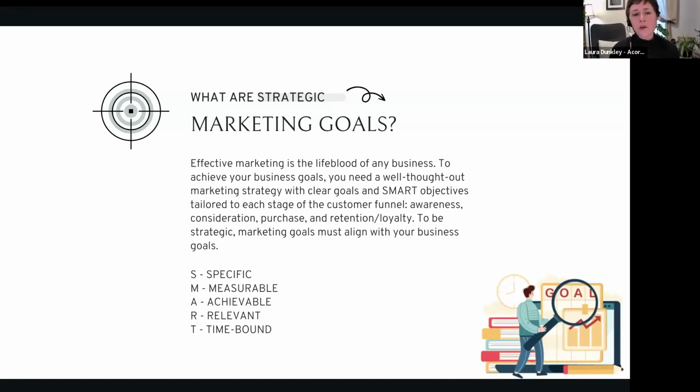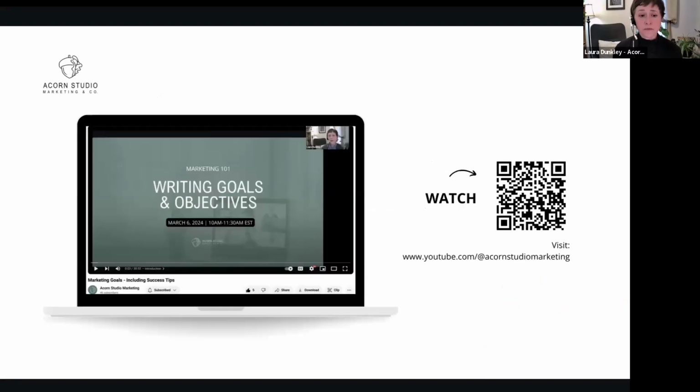And what we usually use is the acronym SMART. So they're specific, measurable, achievable, relevant, and time-bound. That way we know that they are measurable and we can become accountable to them. And the strategic part is always making sure they're aligned with our business goals.